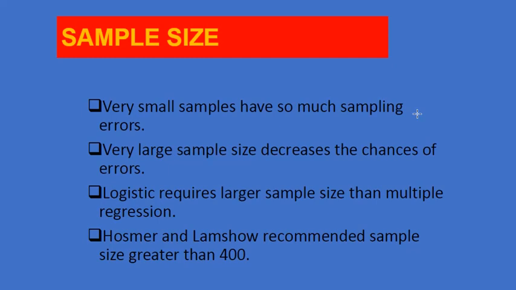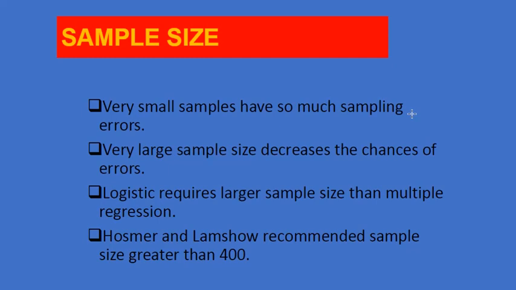Okay, so now let's have a quick discussion upon the sample size, how much the sample size should be and how it affects our regression. If we have a very small set of samples, then we have so many sampling errors.